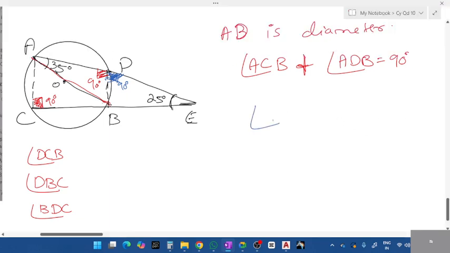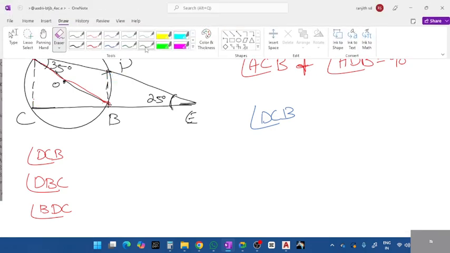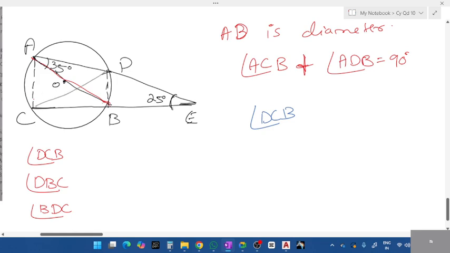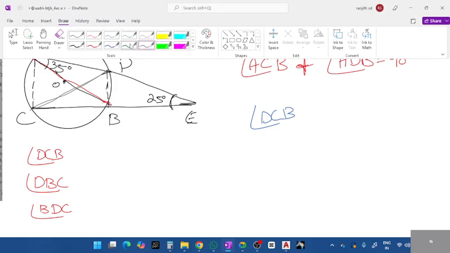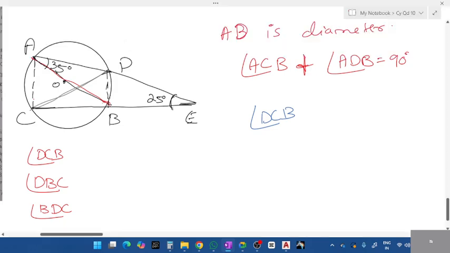See, first question DCB. You need to find DCB. Okay. The entire 90 degrees is not required. We just need DCB. All of you found this angle B. This one, what did you all get? 180 minus 90 plus 25.